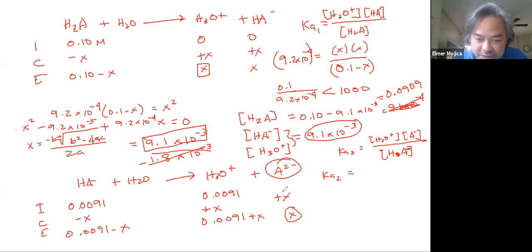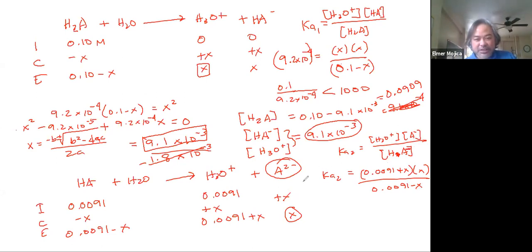So all we need to do is put the values that we have there: 0.0091 plus X times X, over 0.0091 minus X. And the Ka2 value, I think, is 4.3 times 10 to the negative 5.